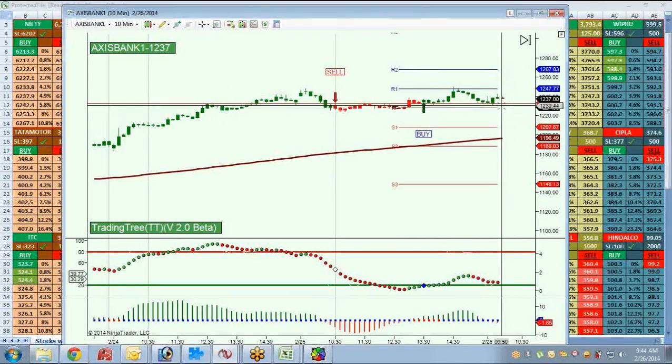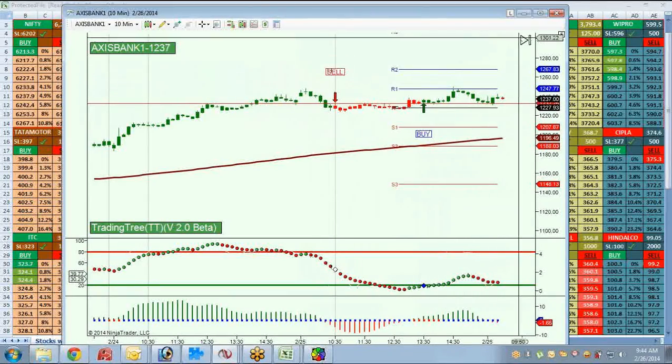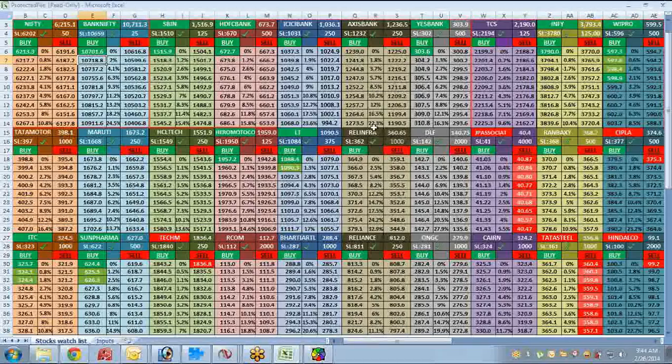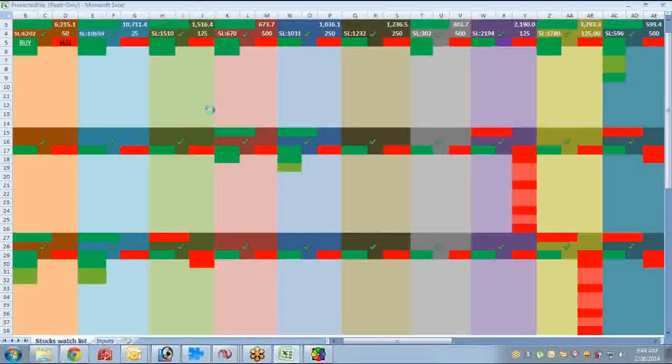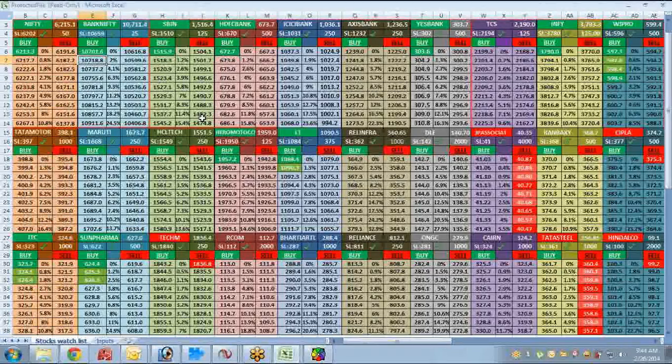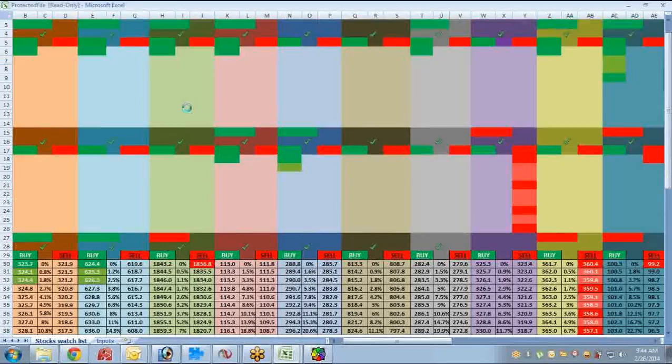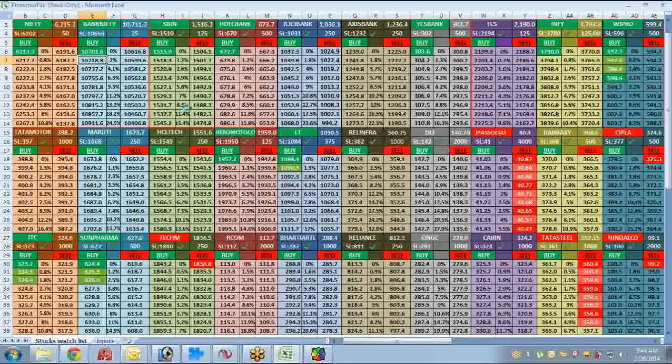What you are seeing is a trailing stop loss line. So the two softwares are completely different softwares. You'll have to choose any one of them. Or some of my clients have both the softwares, so they use both of them to trade. So meanwhile, we were seeing that Tata Steel made its target 7 also.